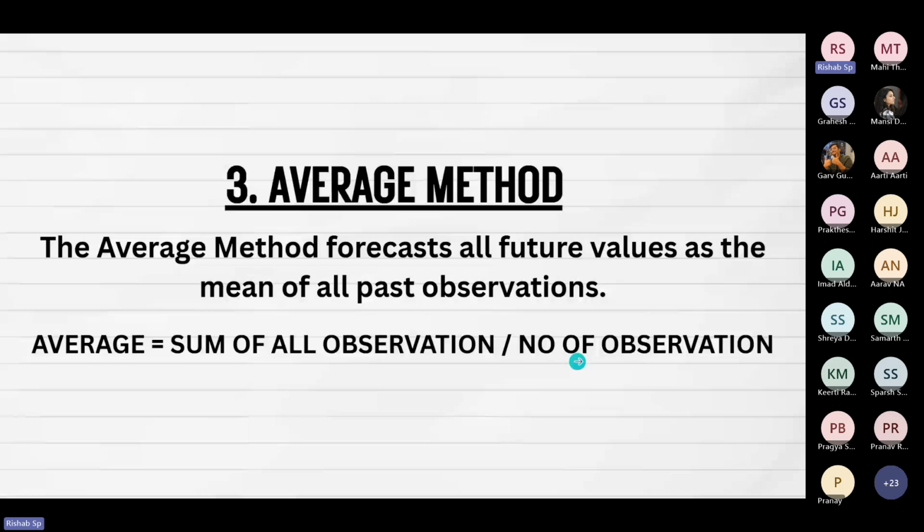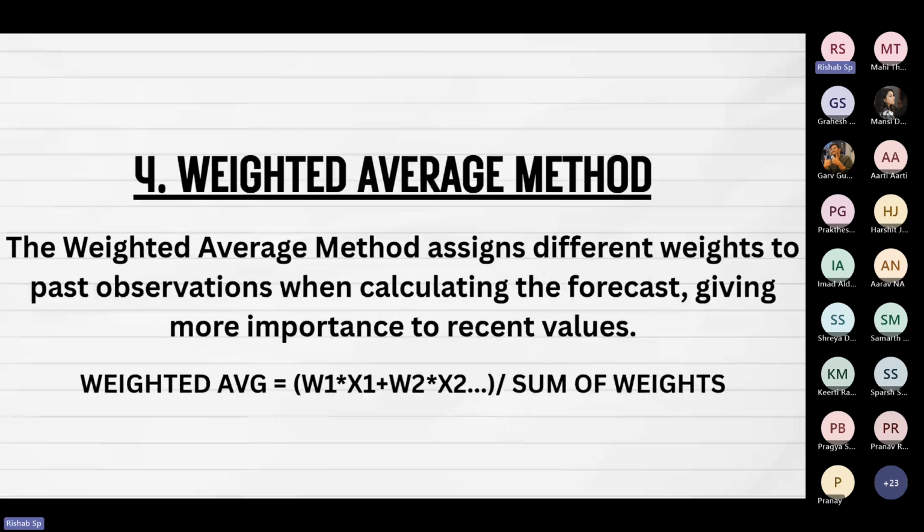We'll do a question on average too. Weighted average method. There will be some weight assigned to the values. The weighted average method assigns different weights to past observations when calculating the forecast, giving more importance to recent values. We'll discuss these two.